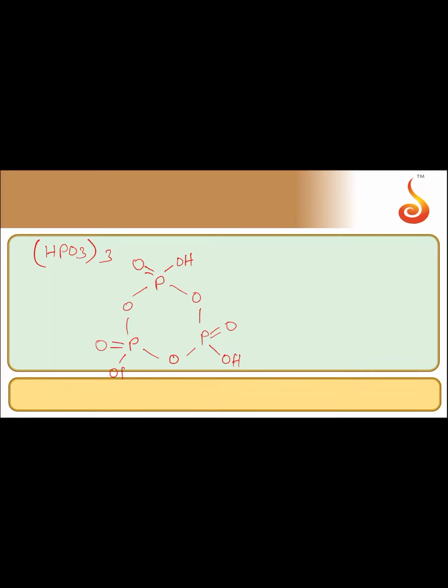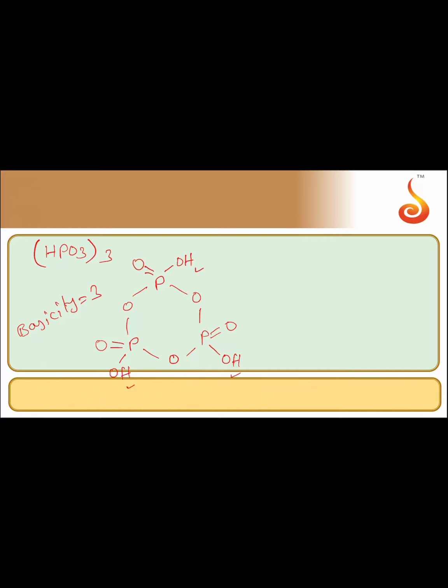Here it has 3 acidic hydrogens, so the basicity of metaphosphoric acid is 3. This is the structure of metaphosphoric acid, and in the vapor phase it exists as a trimeric form.